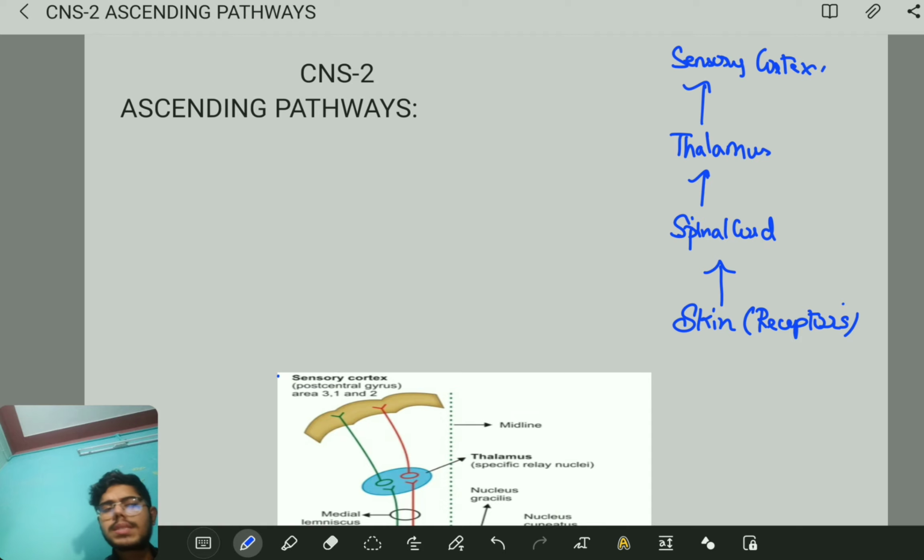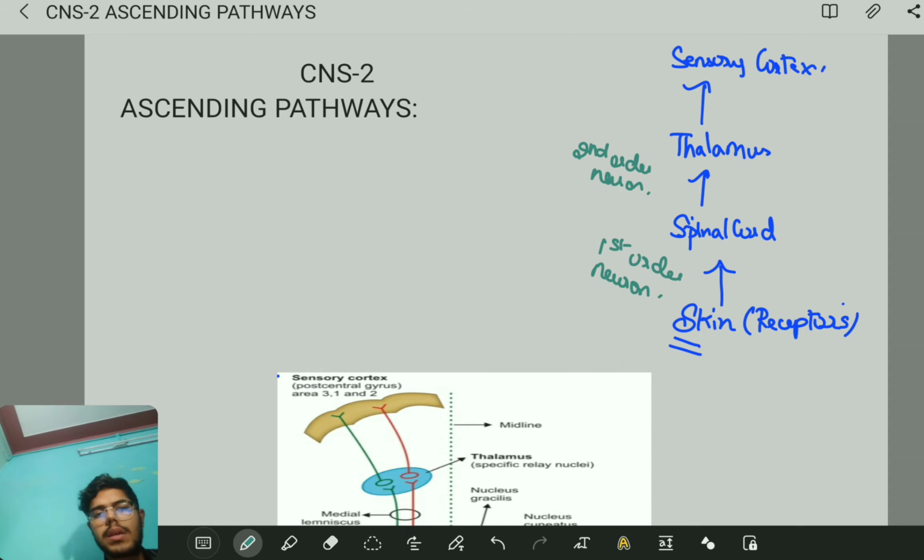Now what really happens when the impulses travel from skin to spinal cord? This we call as first order neuron. That's it, first order neuron. Similarly, from spinal cord to thalamus we have second order neuron.